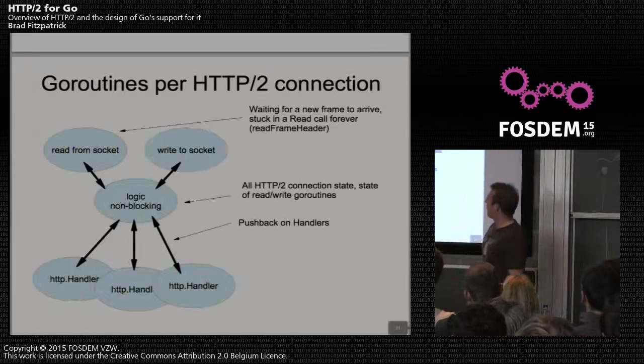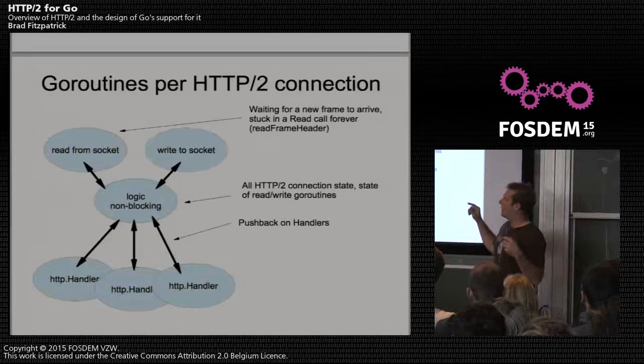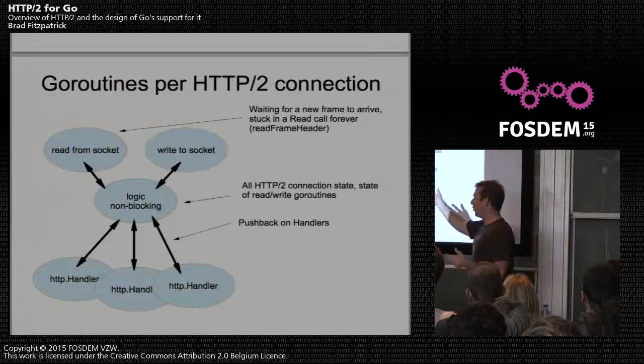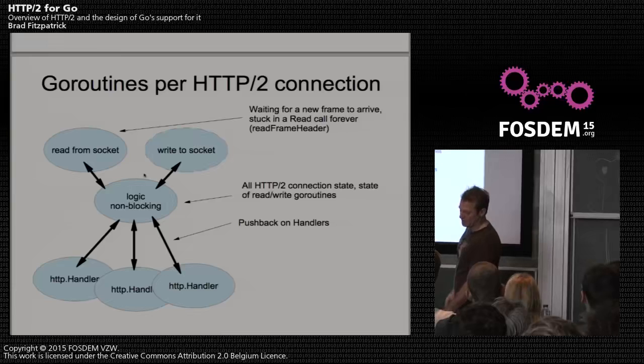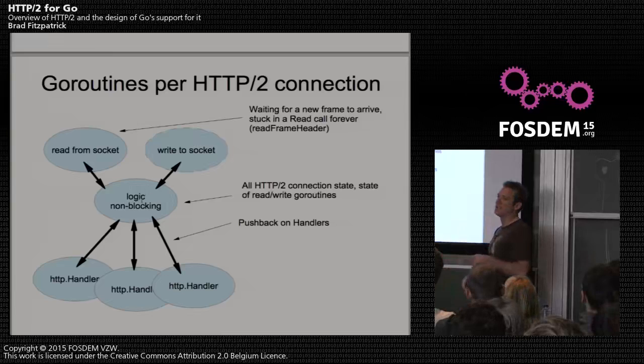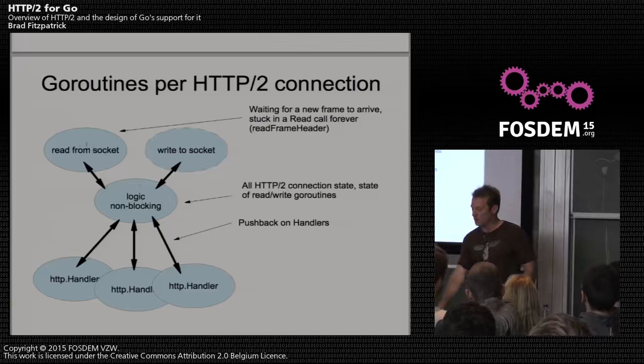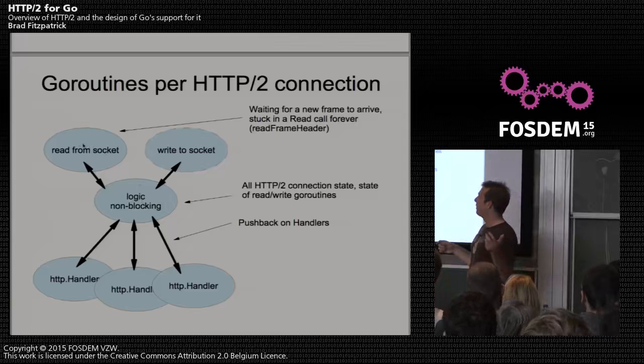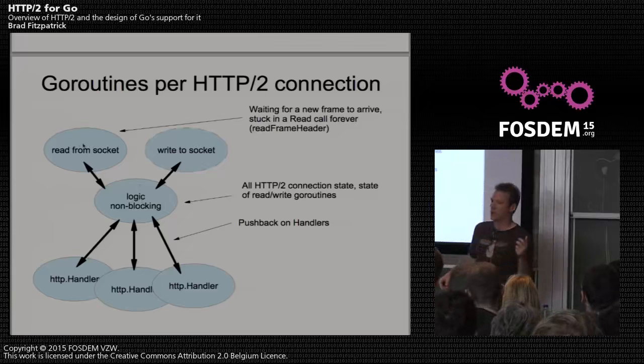So for every connection that we get, we're basically going to have 3 Go routines, or 4 or 5. But the 3 main ones: there's one that I call serve, and this one is non-blocking. It keeps all the state, all this accounting of flow control and stuff is in its maps. And then there's one Go routine that's reading, and it's just sitting there blocked, basically, calling read frame header.